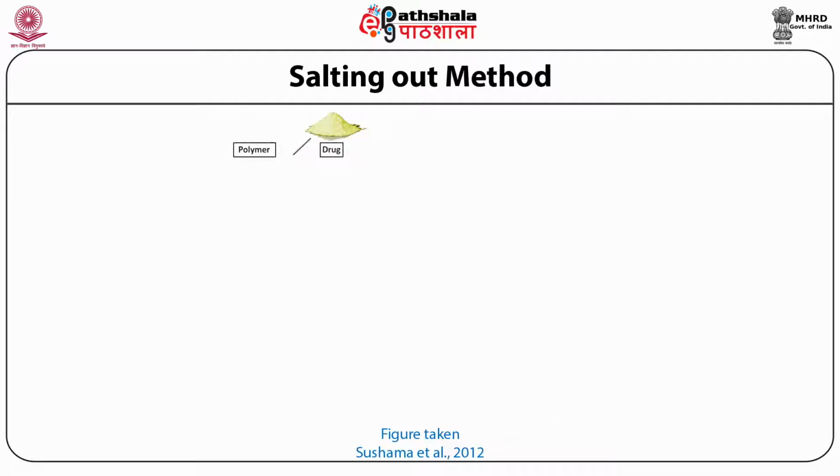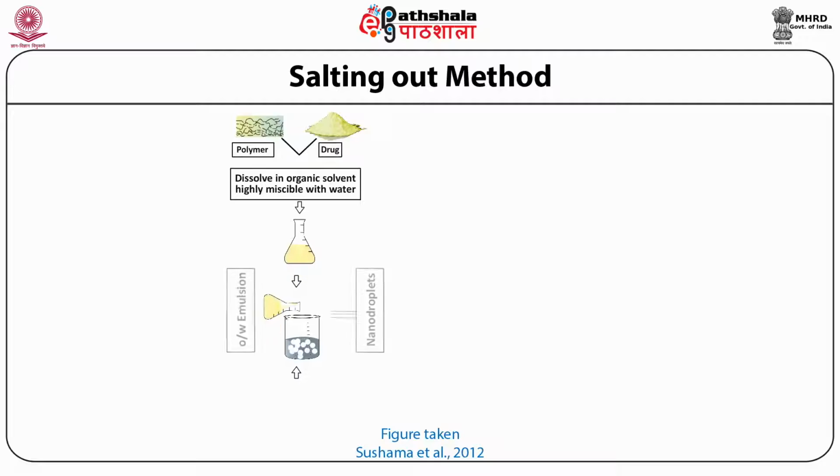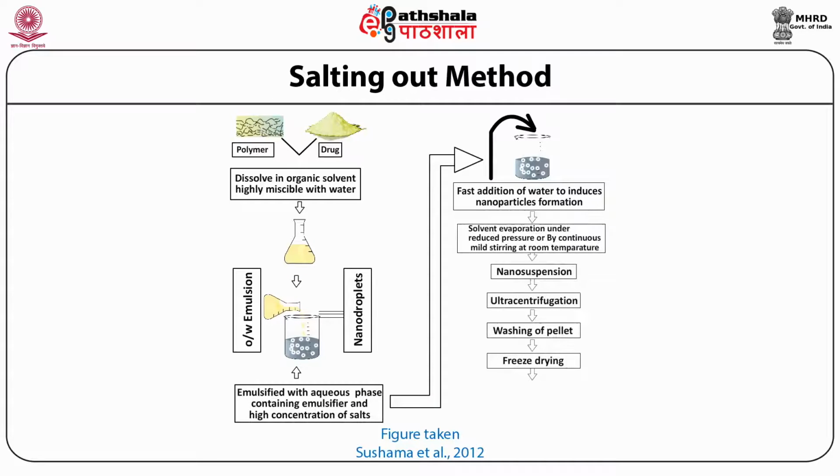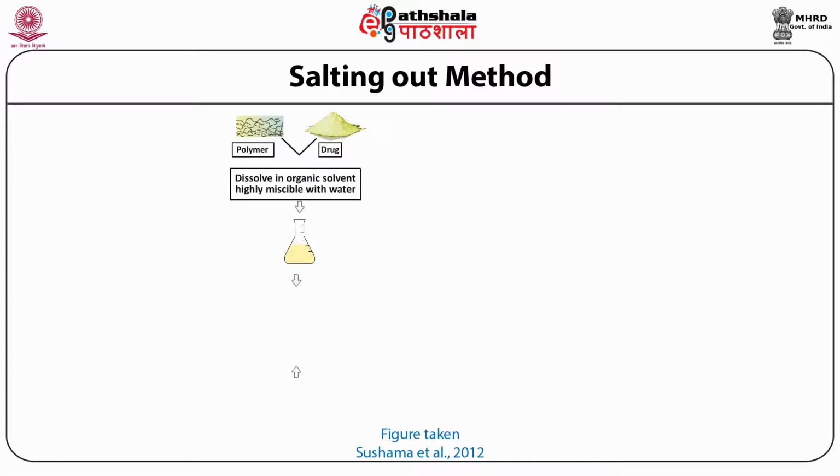The commonly investigated electrolyte salts are magnesium chloride, magnesium acetate, sodium chloride, and non-electrolytic salts like sucrose. Generally, polymer and salts are used in the ratio of 1:3.